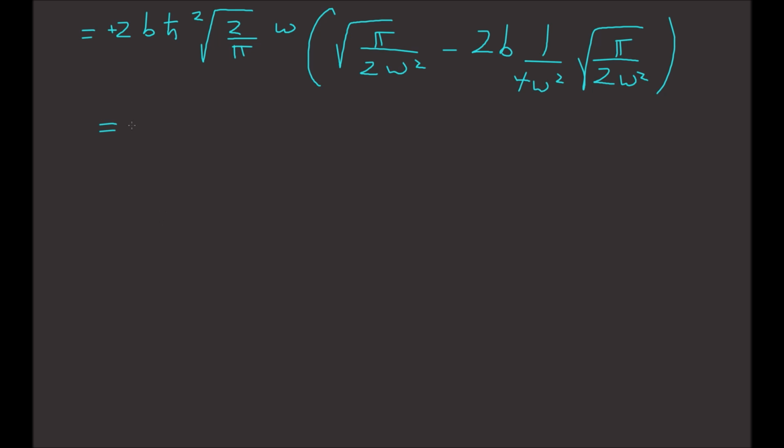Simplifying a little bit further, we get 2 times b times h bar squared times 1 minus b divided by 2 omega squared.